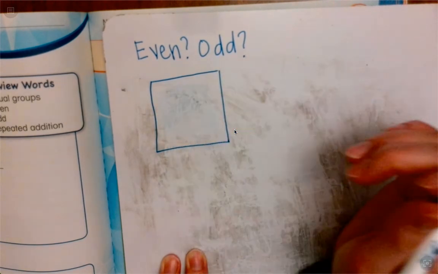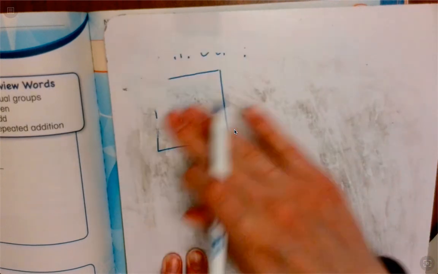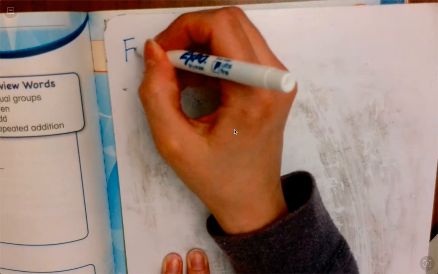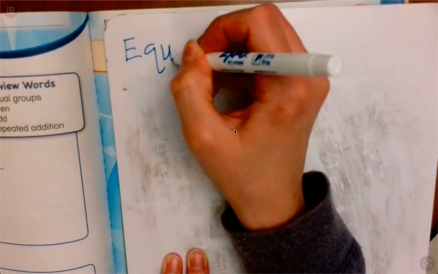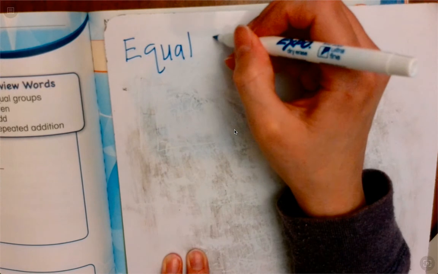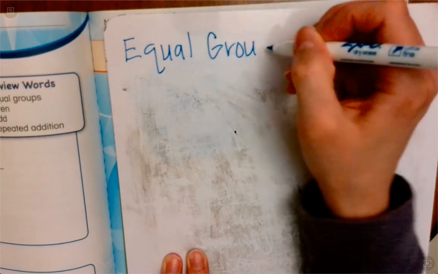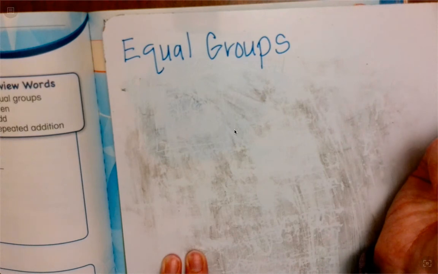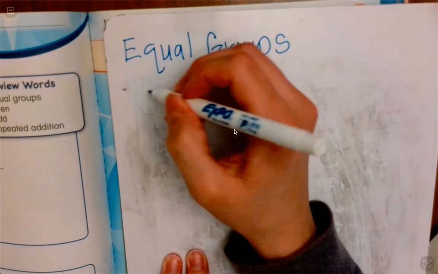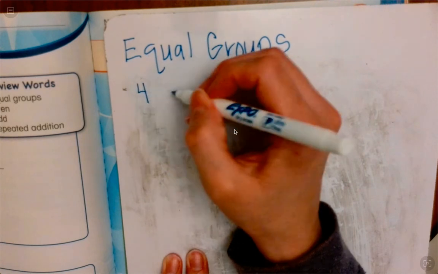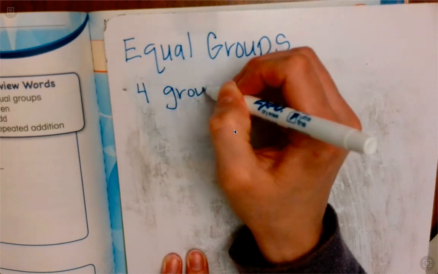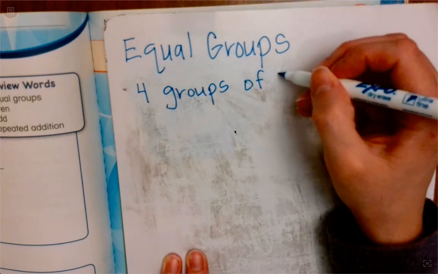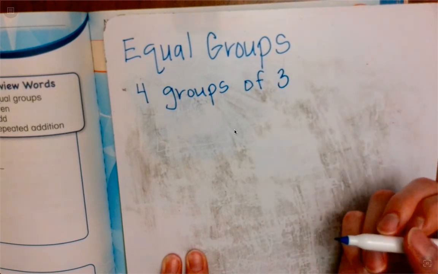Let's do a few of these. This is a review. Equal groups. Let's say I wanted to make equal groups. Let's do 4 groups of 3.